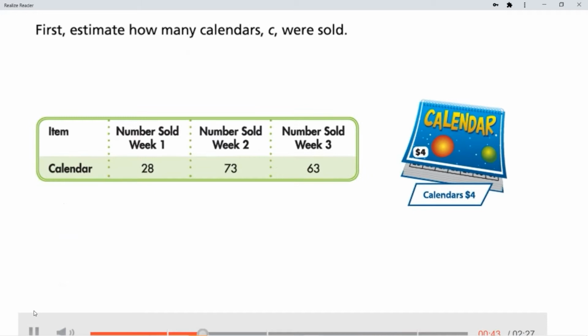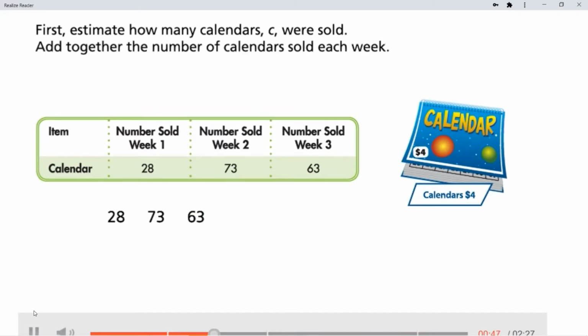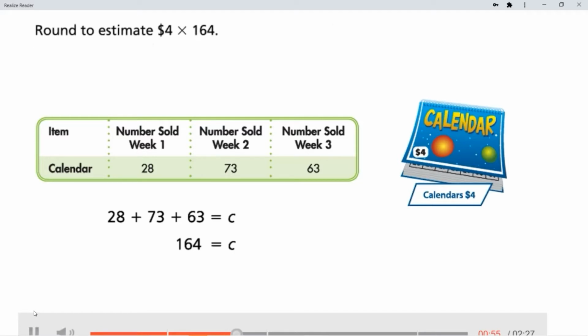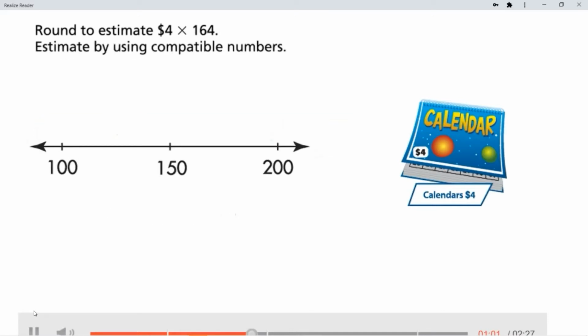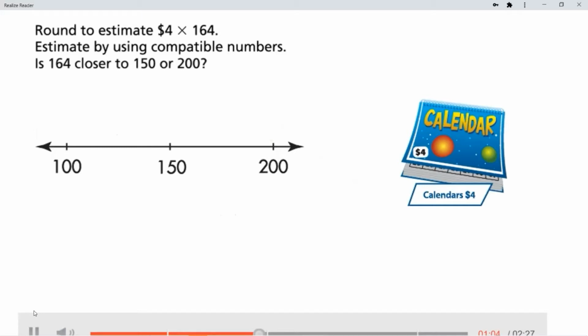First, estimate how many calendars C were sold. Add together the number of calendars sold each week. They sold 164 calendars in all. Round to estimate $4 times 164. Estimate by using compatible numbers. Is 164 closer to 150 or 200?